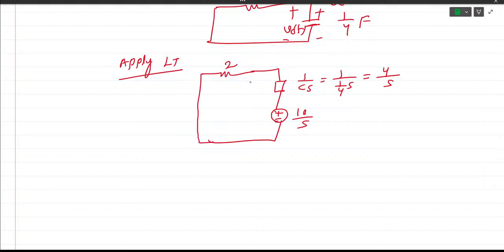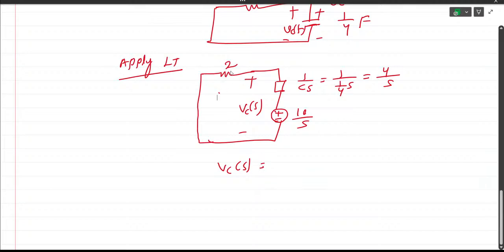Now we require this Vc(s). So by potential division, Vc(s) is the same voltage drop across the 2 ohm resistor.